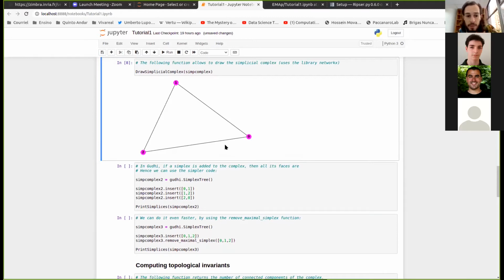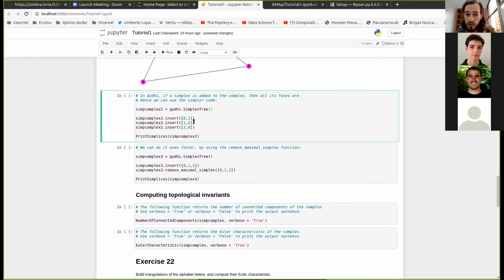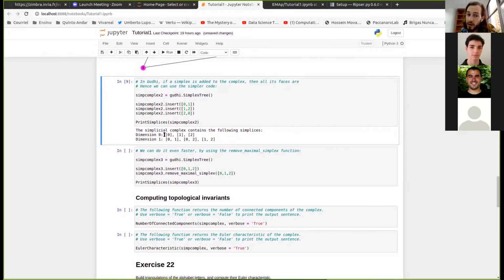For instance, if I still want to define this simplicial complex, but faster, I will call it simplicial complex 2, Gudhi.SimplexTree, and then I add directly the edges without adding the vertices. And as you can see, vertices are already there, because when I added the edge 0, 1, Gudhi also added the vertices 0, 1.